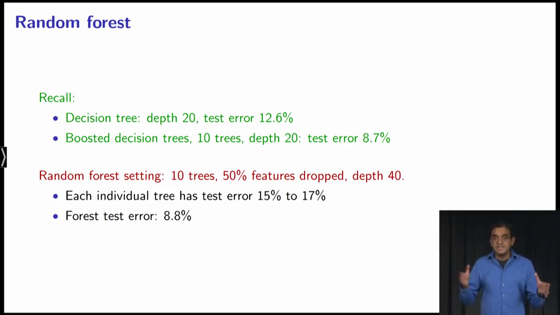However, these 10 trees were sufficiently different that taking the majority vote of them resulted in a much better classifier, one whose test error was just 8.8%. So this is much better than the single decision tree and is comparable to the boosted forest of 10 decision trees.